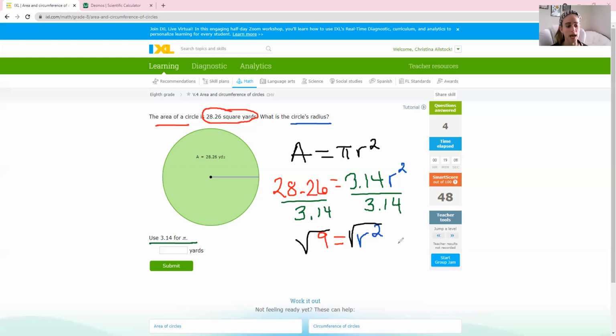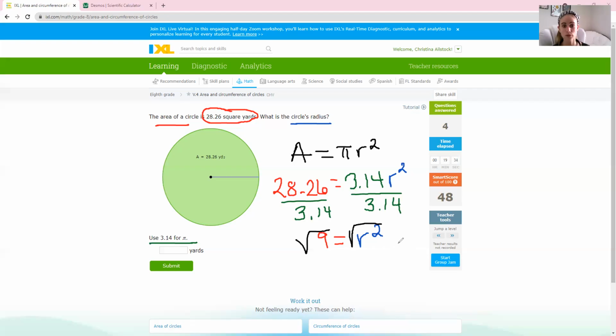It is important to have some of your perfect squares memorized, but if you don't, and you're still working on that, remember what a square means. A square means something times itself 2 times. So think about those doubles when you were working on your multiplication facts. What times what is 9? 3. 3 times 3 is 9.